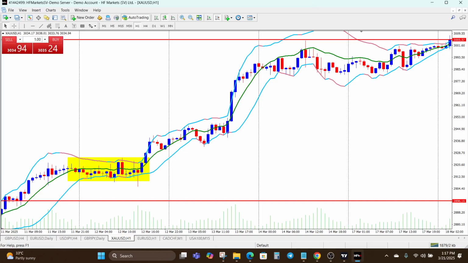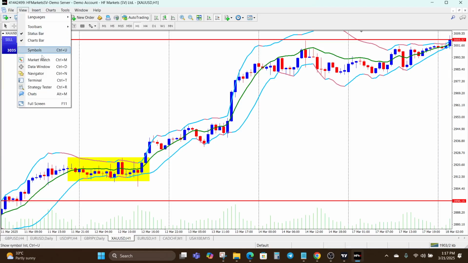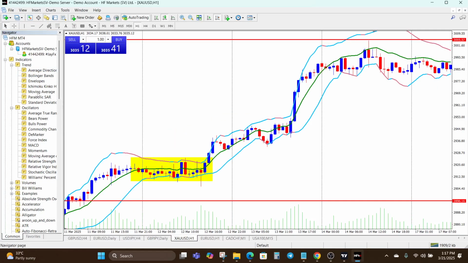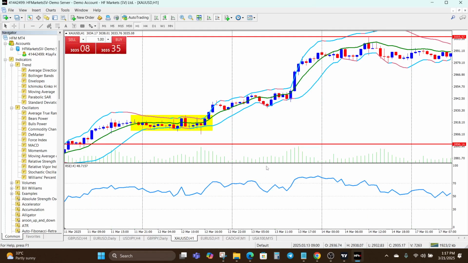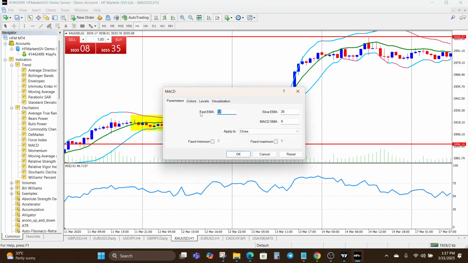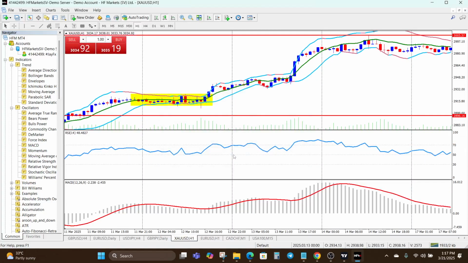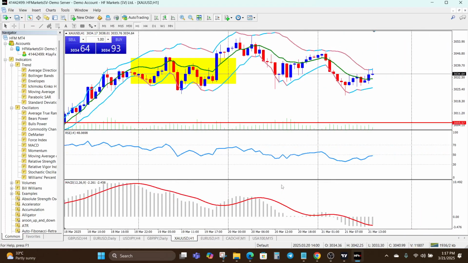momentum is strongest. To even get better accuracy, traders can combine Bollinger Bands with other indicators such as the RSI, for example, to confirm overbought and oversold conditions, or you can even combine with the MACD, to help spot trend changes early, or you can even combine with any other indicator of your choice.